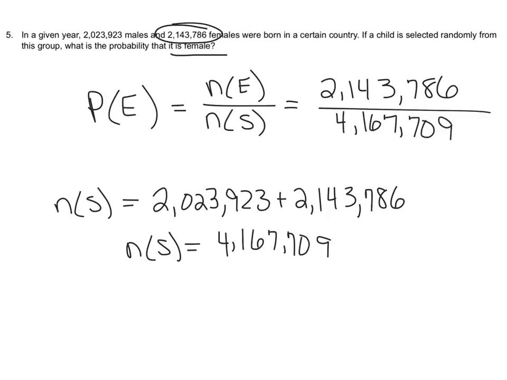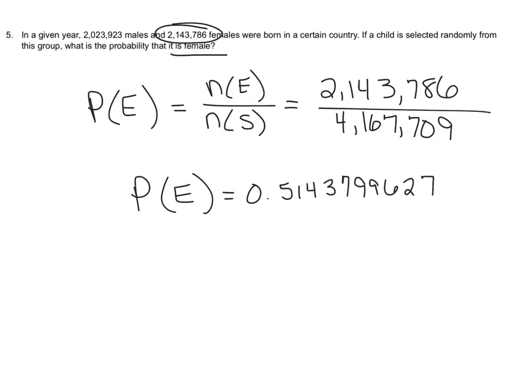Now for this problem, we're going to list the probability rounded to the nearest hundredth. So we'll just take our calculator and we'll divide 2,143,786 by 4,167,709.